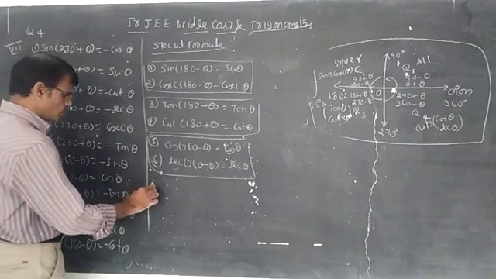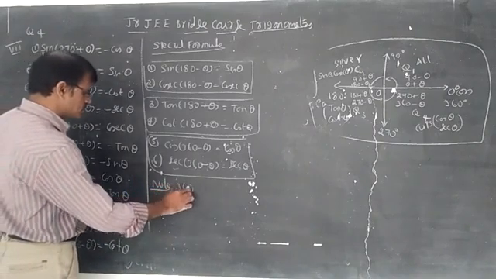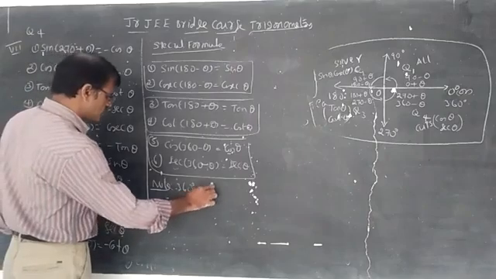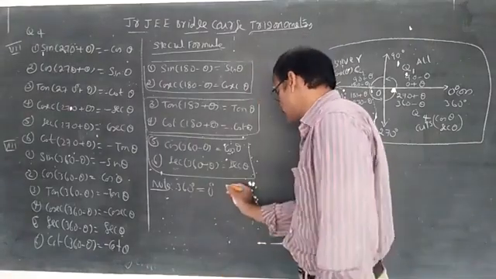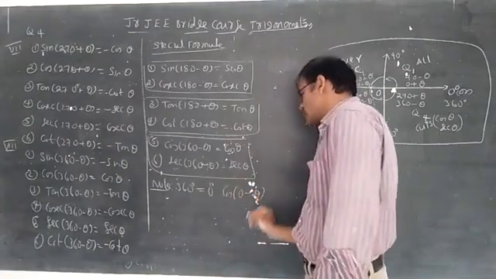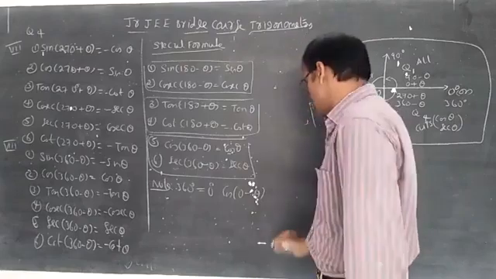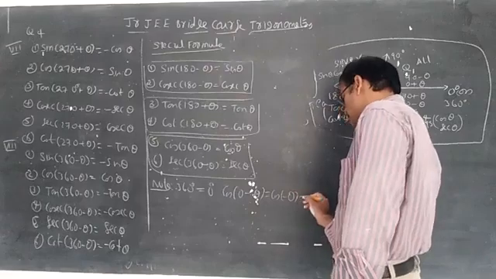Now, note that 360 degrees is nothing but 0 degrees. So you can write here cos of 360 minus theta simply as 0 minus theta. Cos of 0 minus theta, you can write cos of minus theta.